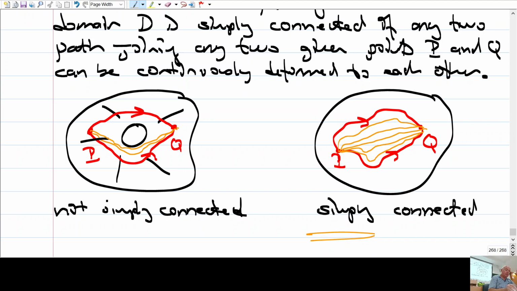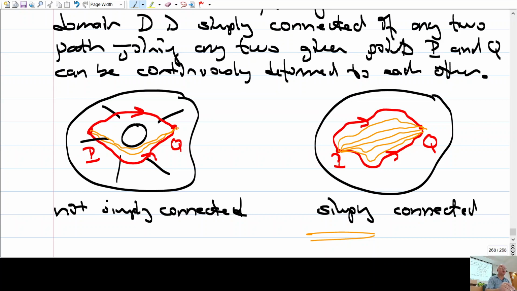So in this region, there is essentially one way of joining this point to this point, because any two paths can be deformed to each other. Paths that can be deformed to each other are considered the same in topology. So that's why we say that there is essentially a unique path up to homotopy joining these 2 points, because any two paths are equivalent in the sense that one of them can be deformed to the other one. But here it is not the case.